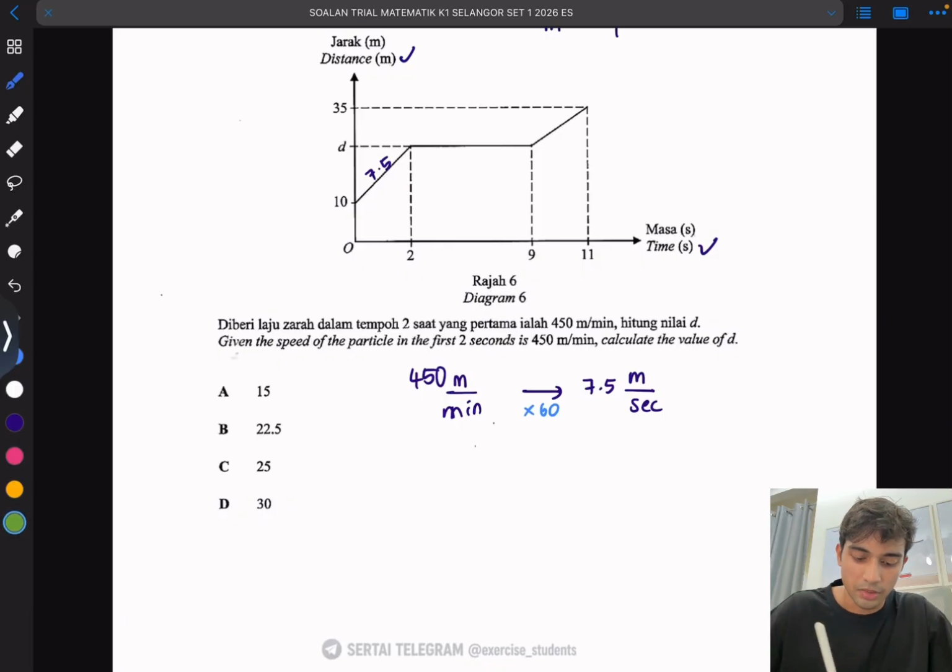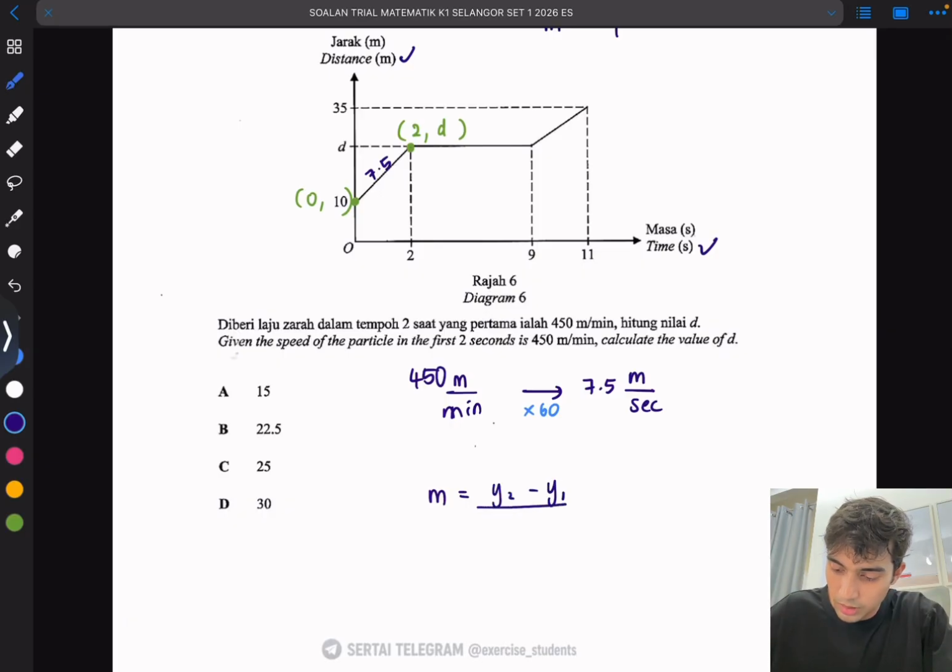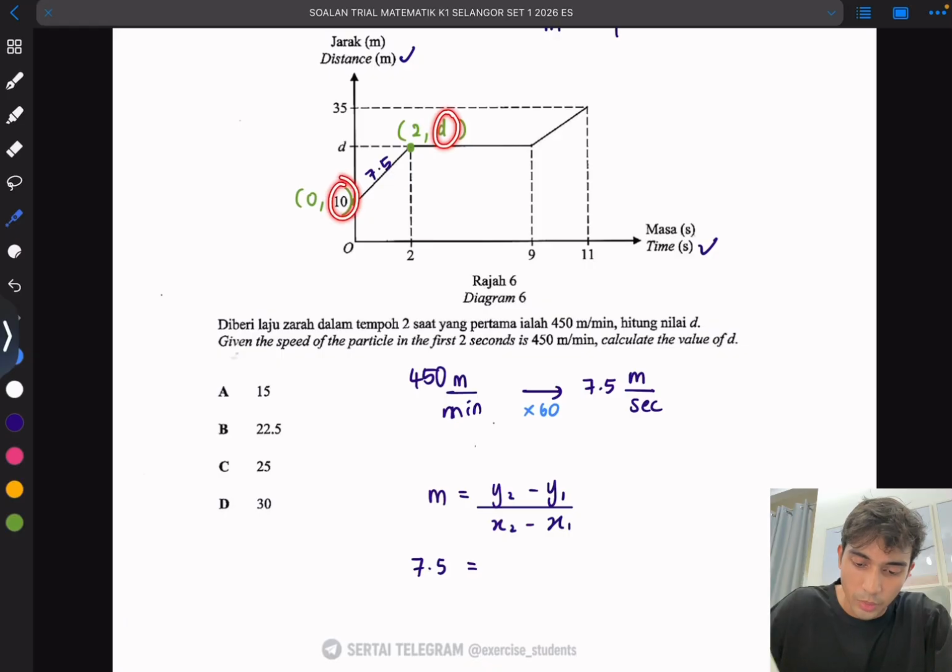Then we can use the gradient formula. So let's write our coordinates first. Here our x is 0, y is d. Here our x is 2, y is 10. So these will be our coordinates, and we can use the gradient formula. y2 minus y1 over x2 minus x1. So our gradient is 7.5.